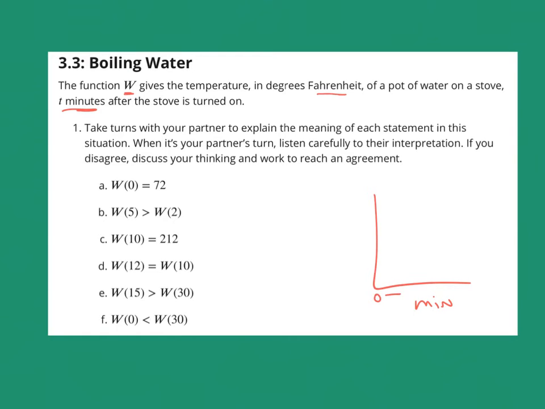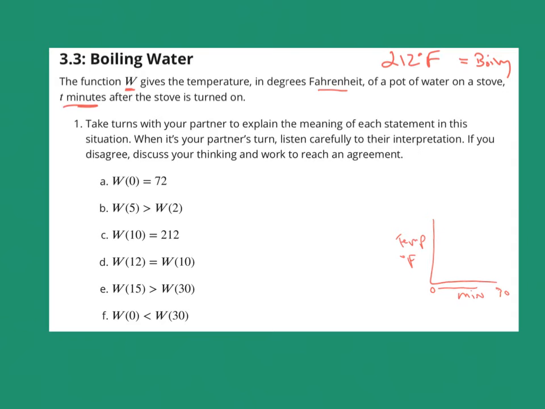So from 0 minutes on down to, well, looks like the biggest number here is 30 in terms of minutes. And then over here, we're going to have temp in degrees Fahrenheit. And just for the record, water boils at 212 degrees Fahrenheit. That's boiling.